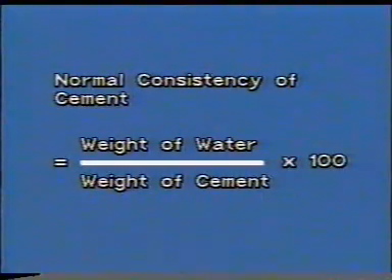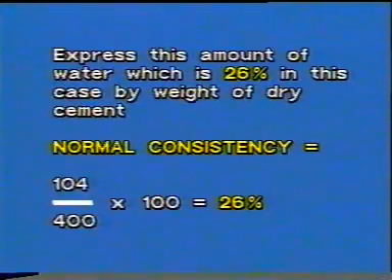Normal consistency of cement is equal to weight of water divided by weight of cement multiplied by 100. Express this amount of water, which is 26% in this case, by weight of dry cement.